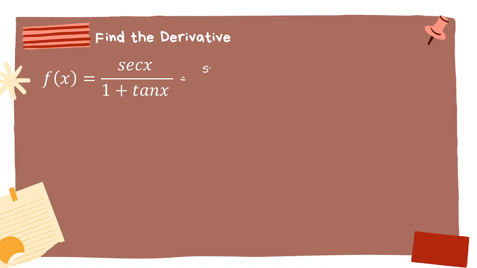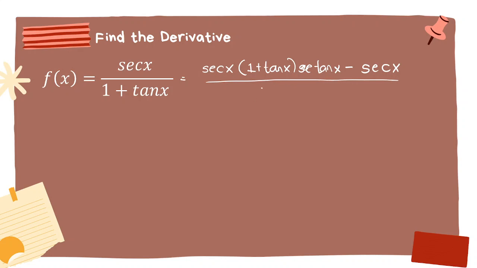Sec x times 1 plus tangent x times tangent x minus secant x over 1 plus tangent x squared. Di ba? So, sabi, distribute ko lang si tangent x dito. Okay? So, ano magiging sagot ko?